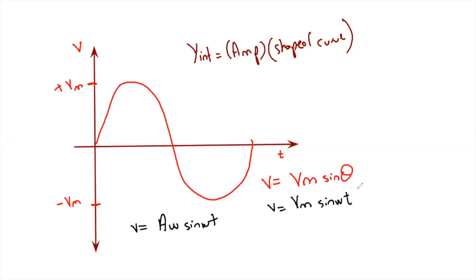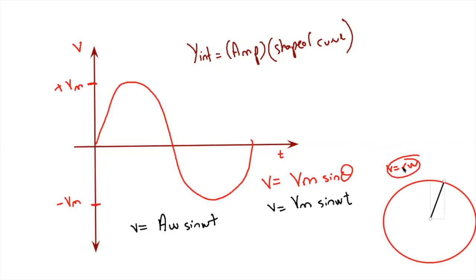Now, you're probably wondering, how in the world did we get A omega? Well, let me tell you. When I had a turntable, I told you guys that V is R omega. Now tell me one thing. When my R is the maximum, maximum R, can I say that it's the amplitude? Because R is the distance, right? Just like we can call maximum displacement the amplitude, we can also call maximum radius the maximum displacement.